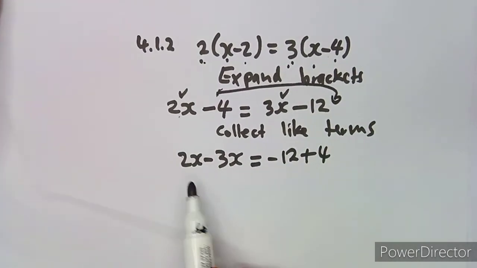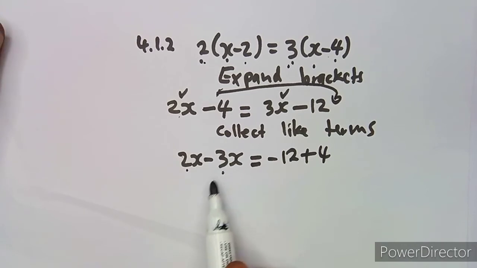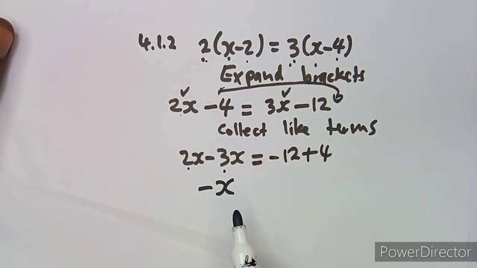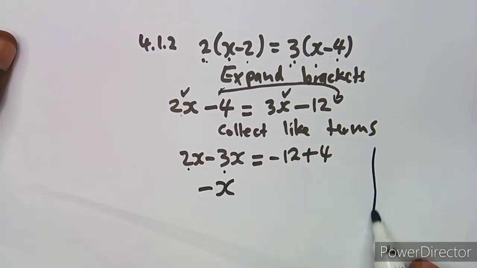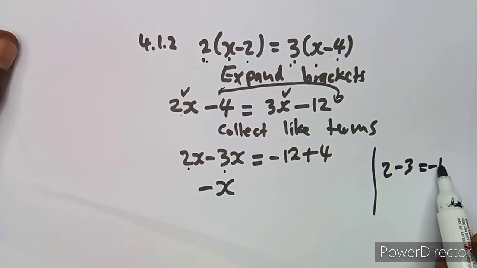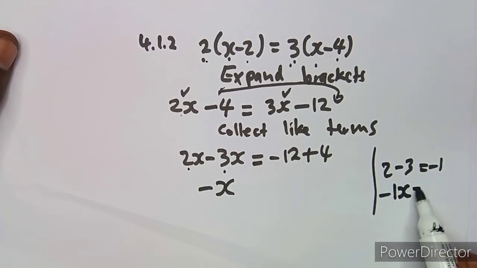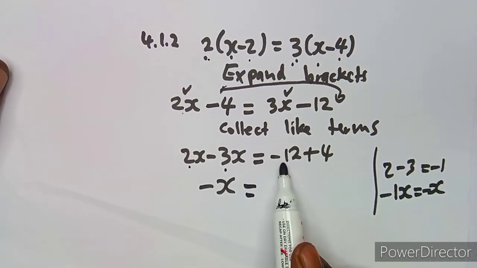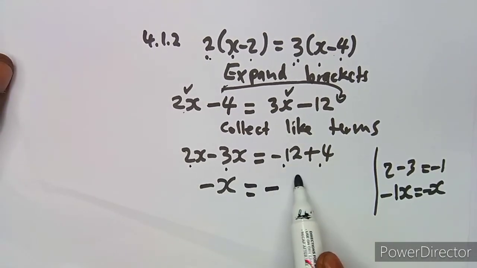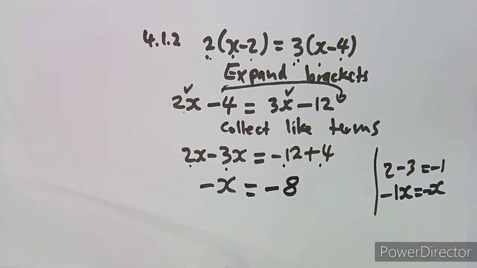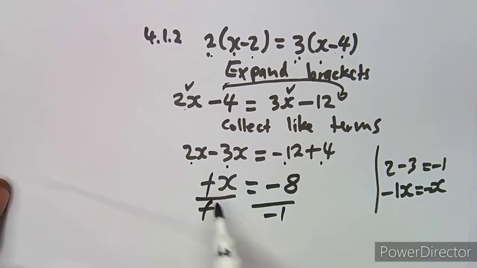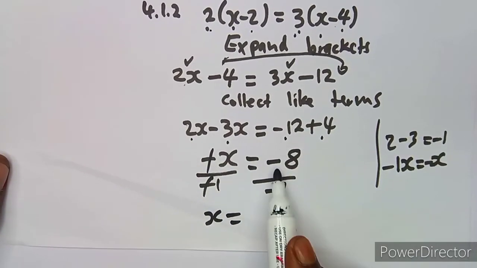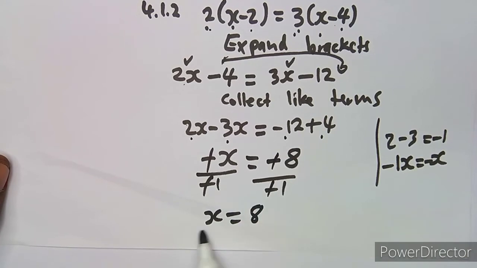So you're going to collect here. So it's 2 minus 3, which is minus x, because 2 minus 3 is minus 1. So instead of writing minus 1x, you just write it as what? Minus x, which is equal to minus 12 plus 4. From your calculator, this one is minus 8. So to find x, you divide by negative 1 on both sides. So this can cancel. So x is going to give us negative 8 over negative 1, which is a positive 8.